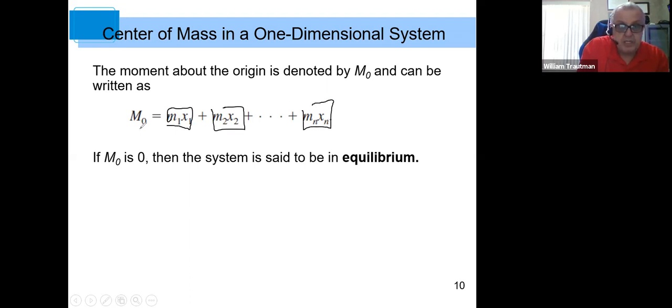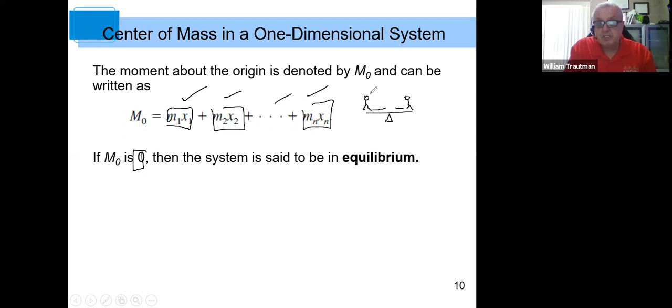And when we add all these up, if we get 0, then the teeter-totter is perfectly balanced. So if you get a momentum of 0, you can have a person over here and a person over here. It doesn't matter what the distance is and the weight, as long as the momentum equals 0, that means it's perfectly balanced. It's in equilibrium.